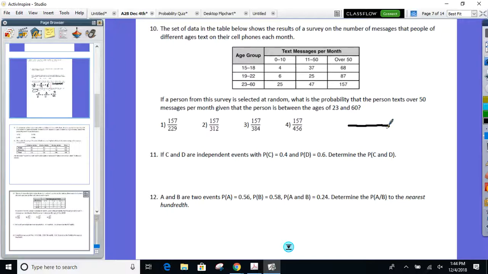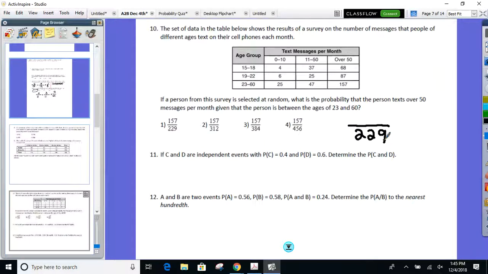Because it's given that they're already in here. So 25, 47, 157. So there's 229. And then on top, you're going to put both of them together. So how many texts over 50 times and then our 23 to 60?